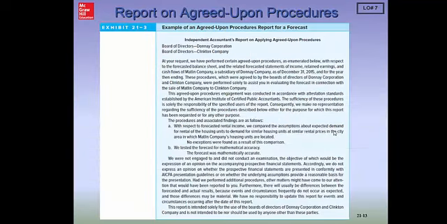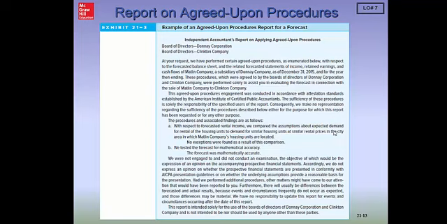Agreed upon procedures, as we talked about earlier, are not in place to express an opinion. We are essentially doing specific agreed upon procedures, and these specific agreed upon procedures are primarily mathematical calculations.